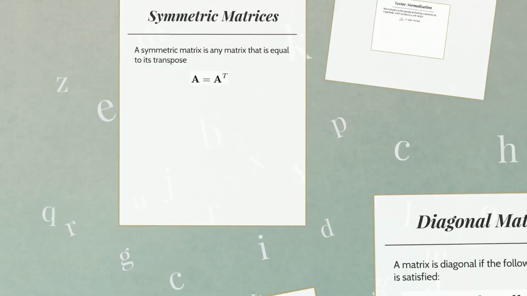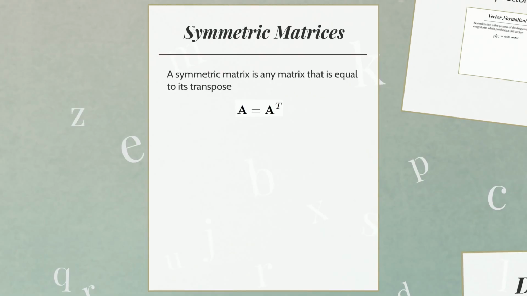Let's go ahead and move on to symmetric matrices. Just as the word implies, these are symmetrical, and they're symmetrical across the main diagonal. As a result of that, a symmetric matrix is going to be equal to its own transpose. Since intuitively, the transpose of a matrix is simply flipping it over the main diagonal, it makes sense that a symmetric matrix across that same diagonal is going to be equal to its own transpose.